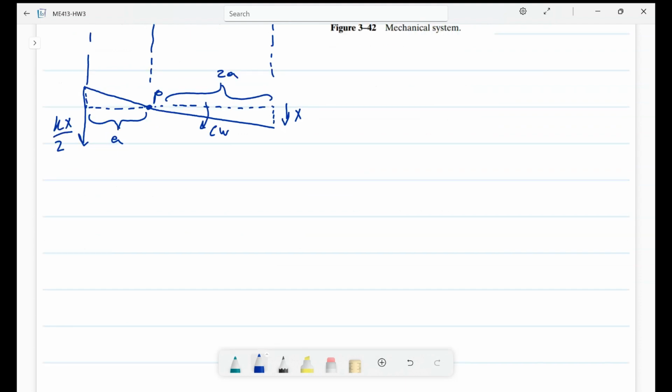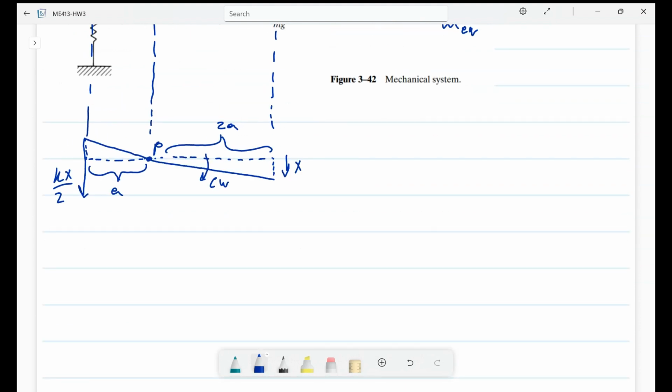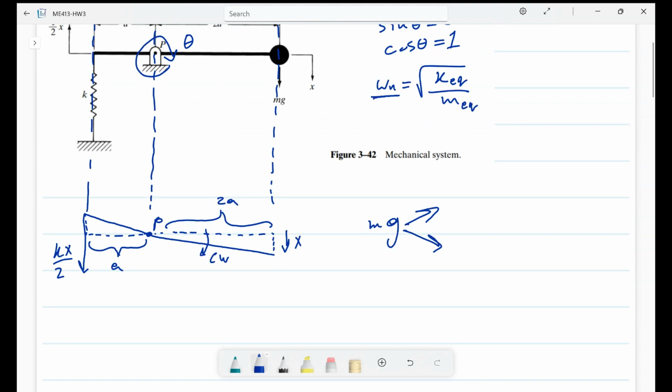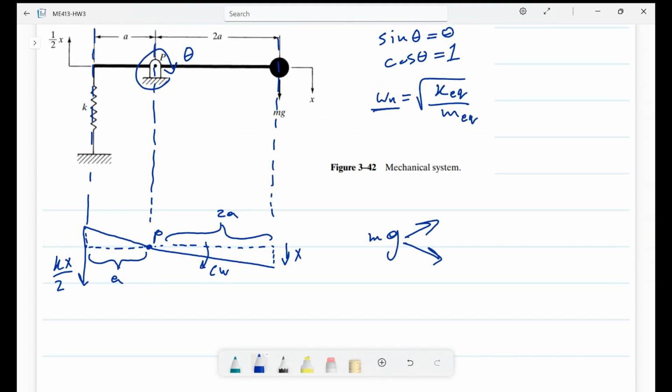Now let's come back to the weight mg. Here is one trick to determine whether to consider mg and put it in your system or not. If you take your weight out of the system and the system changes, for example the spring comes back to its original position, because as you can see here, if I put the weight the spring will be stretched, right?